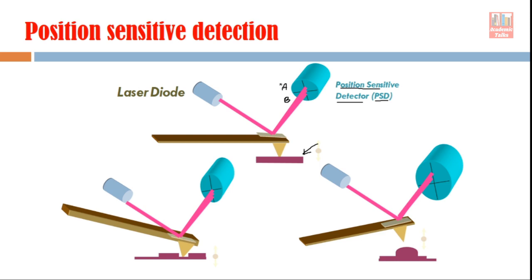So the magnitude of the signal produced by the upper part A and by the lower part B is equal. So the net signal produced at the output is 0, right?